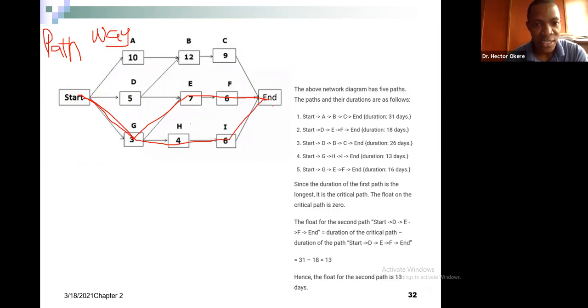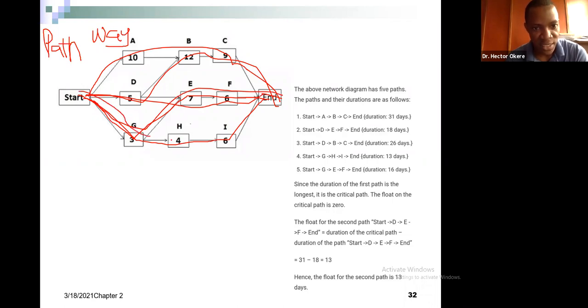So you can see there are 5 ways. This is first way, 1. This is second way, 2. This is 3. This is 4. This is 5. You see, there are 5 paths to go from start to finish in this project, do you understand?